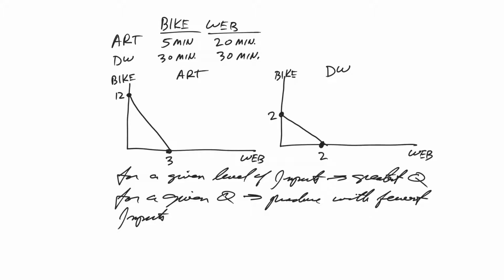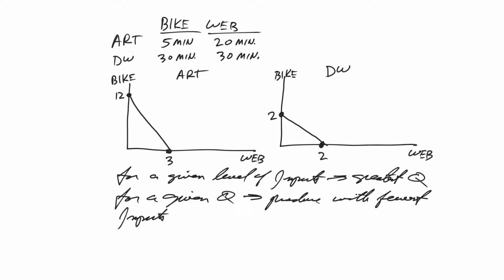Now, in the next video, we're going to talk about comparative advantage. Before we do that, you might think that Arthur, because he has the absolute advantage, will not be interested in trading with DW. I mean, Arthur's the best. He's the best producer. He can produce bikes better. He can produce web pages better.